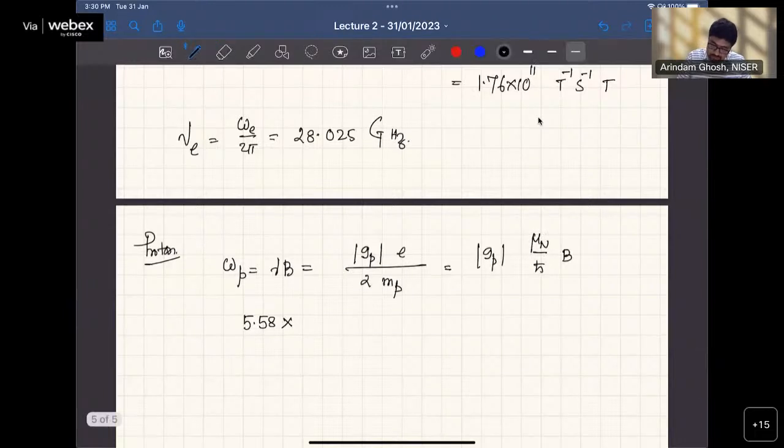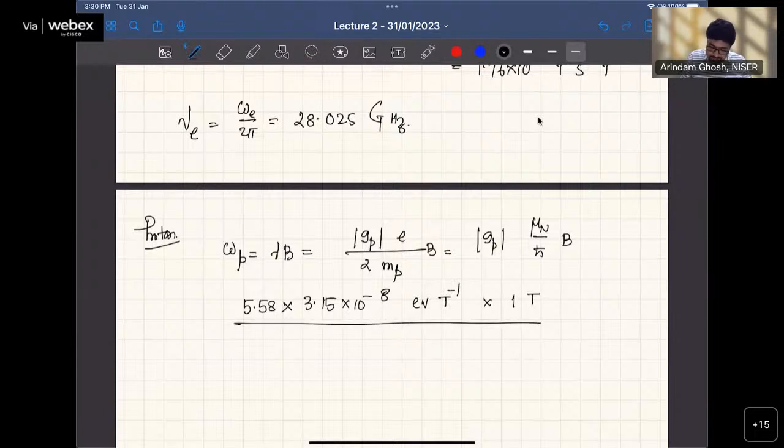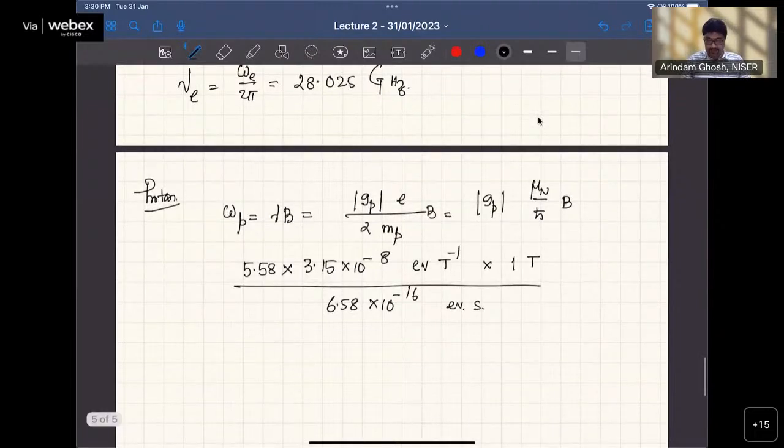B is already there. So I have just used these values. Mu n has a value of 3.15 times 10 to the power minus 8 electron volt per Tesla, multiplied by 1 Tesla because of the B, and then 6.58 times 10 to the power minus 16 electron volt second. That is h cross in electron volt second.